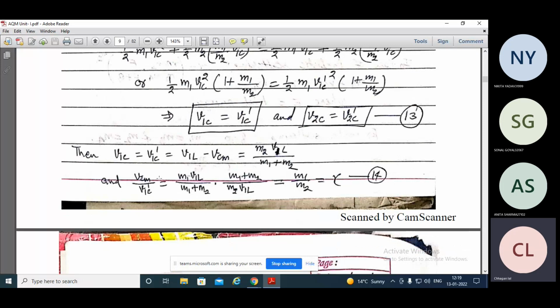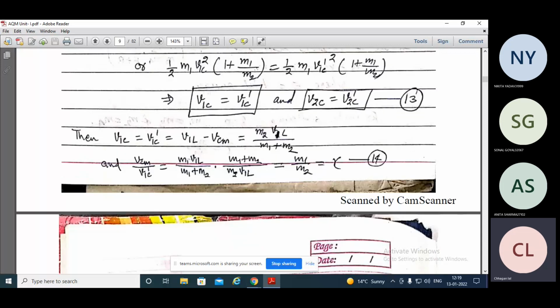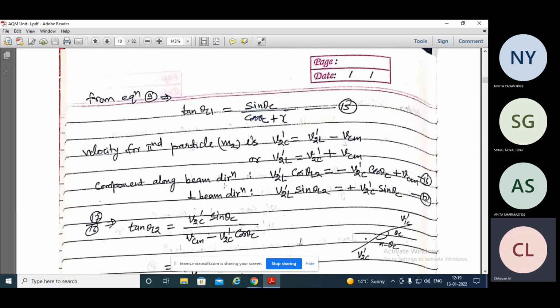Then VCM over v1C' equal to, so you can calculate m1 v1L over m1 plus m2, then m1 plus m2 times v1L. The m1 plus m2 will cross out, v1L also crosses out, and only one term remains: m1 by m2 equal to gamma, the term you took yesterday. Exactly the same thing here: tan theta L1 equals sin theta C over cos theta C plus gamma.